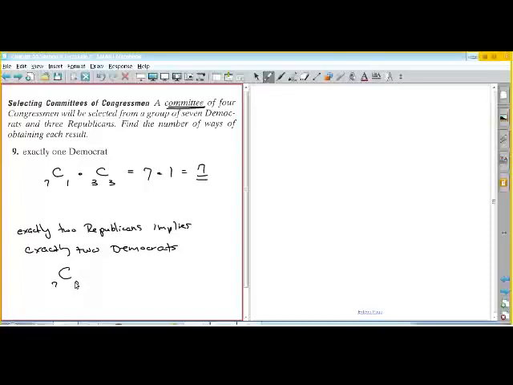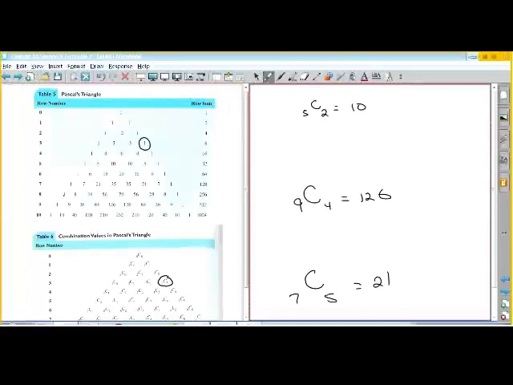So now I do the same thing. I have 7 Democrats to choose from. I need 2. I multiply that by, I have 3 Republicans and I choose 2. So then I just have to use Pascal's triangle to get those numbers. And so let's do that.